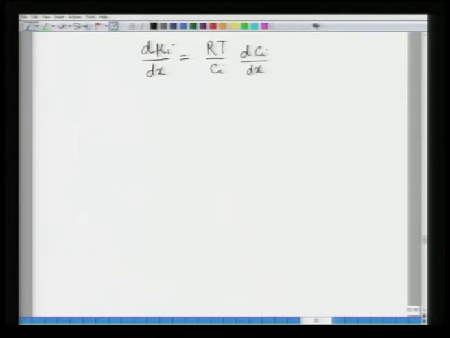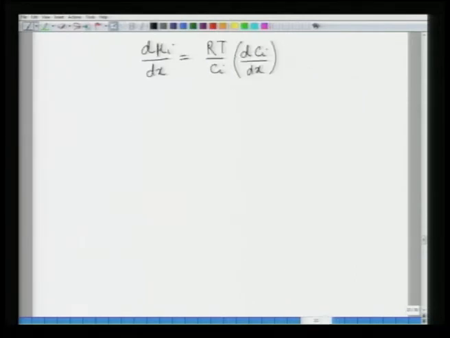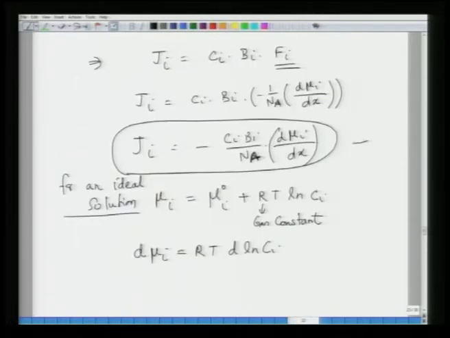Excuse me, I made a mistake somewhere, this would not be correct. So, if you remove that, d mu i is equal to RT d ln Ci. Now, if I take this d mu i by dx, it will become RT by Ci into dCi by dx. Now, you substitute this expression in the earlier expression.